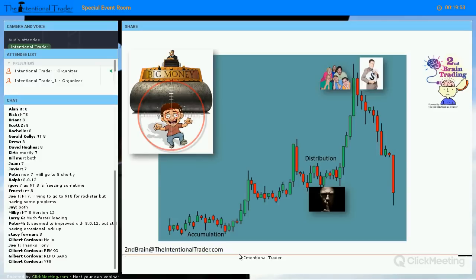Here's the final phase of their manipulation. They do this. They run it up on relatively low volume relative to what they own and what has been going on maybe back in here. Okay, so they run this up on relatively low volume.